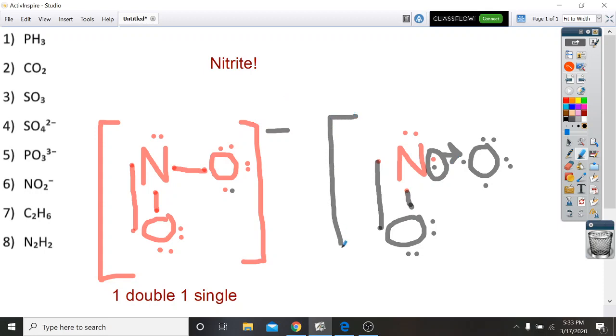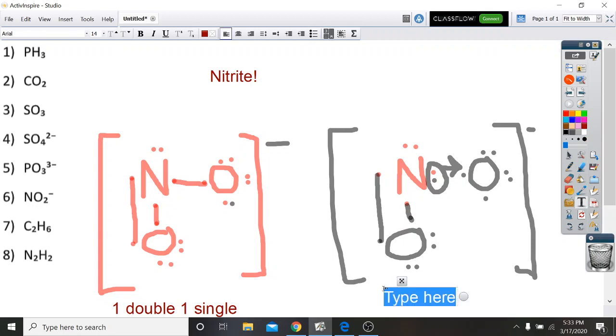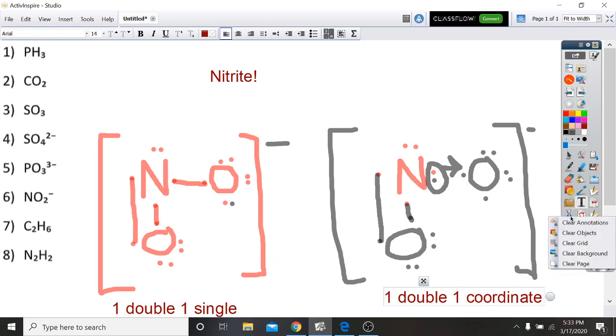And then brackets, because otherwise it's wrong. You do have to put brackets. And now I have one double and one coordinate bond. Again, same thing. So either of these would be correct.